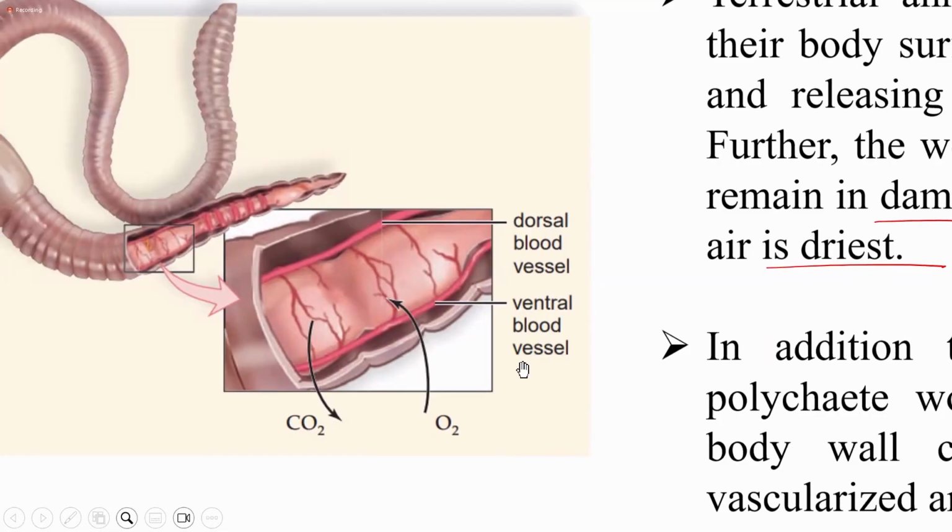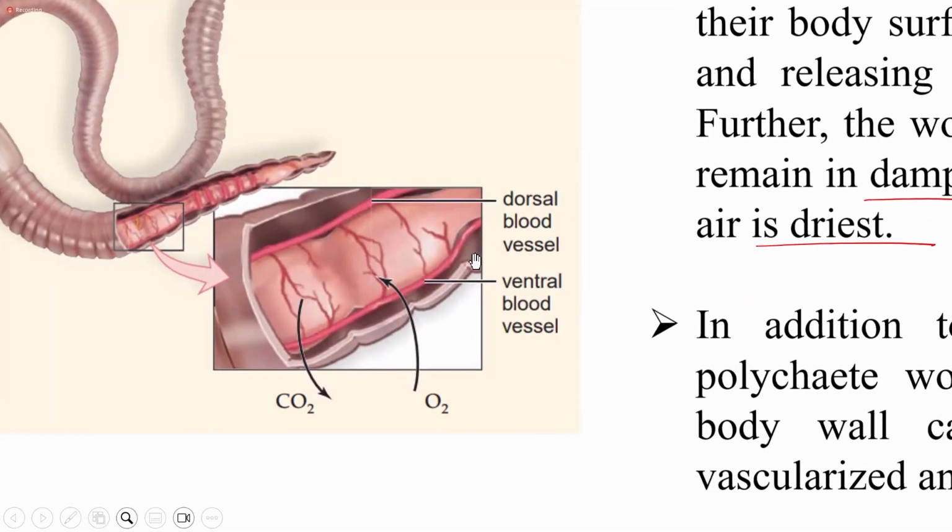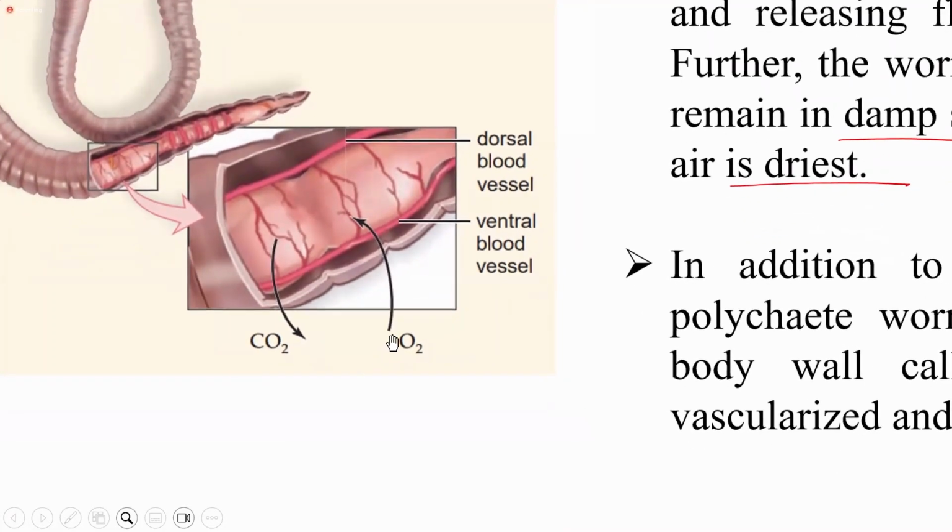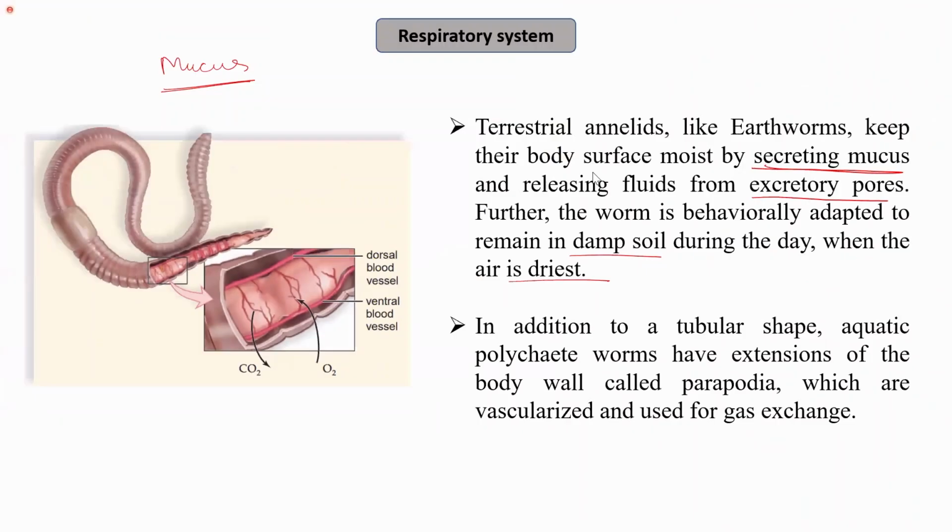This is the ventral blood vessel which we discussed, right? So these blood vessels are very near to the outer surface, and since they have a very thin outer membrane, gas exchange can take place easily through these. That is, they can easily take up the oxygen and release the carbon dioxide. So the gaseous exchange takes place through the body surface.